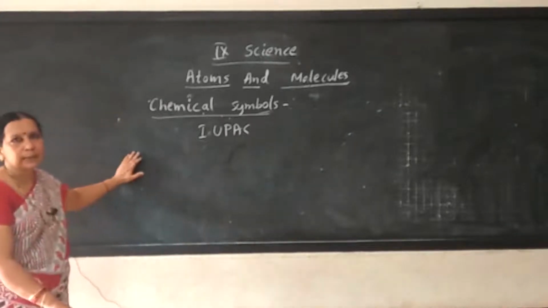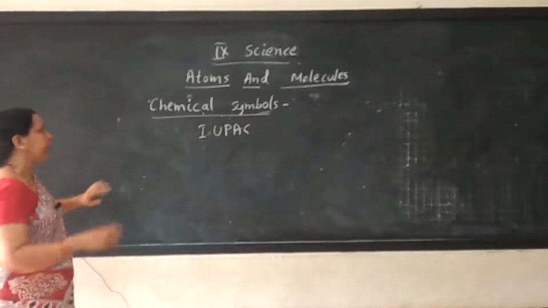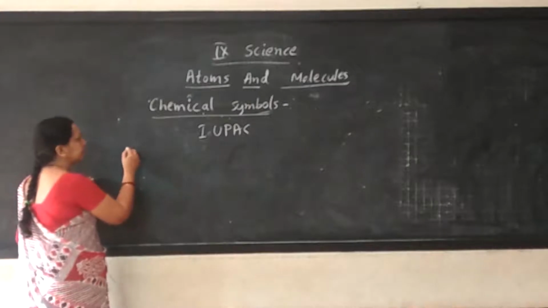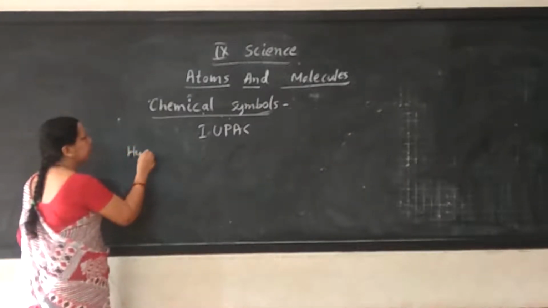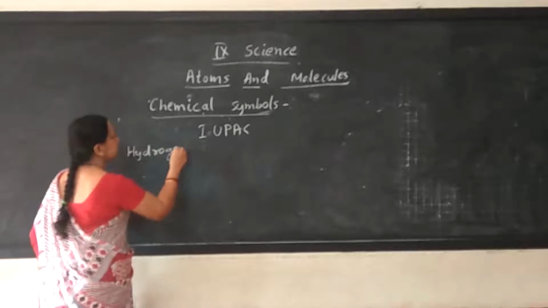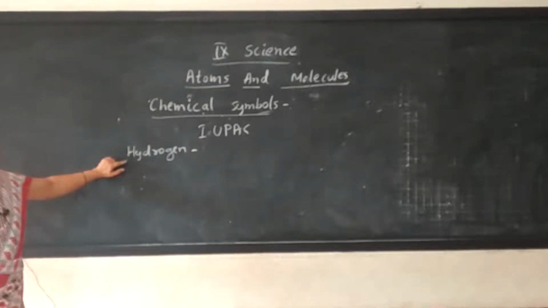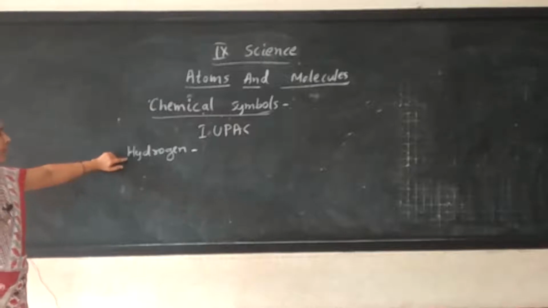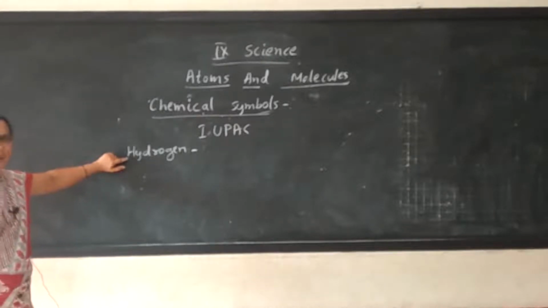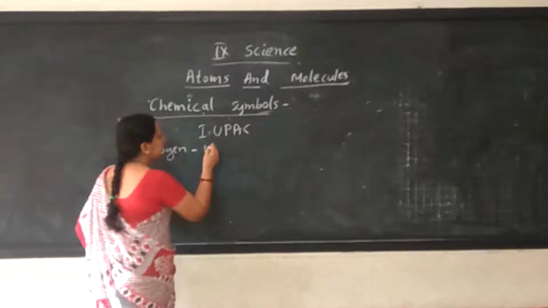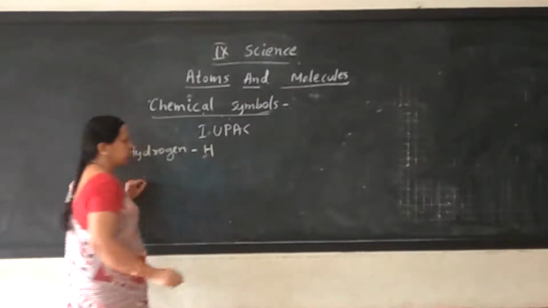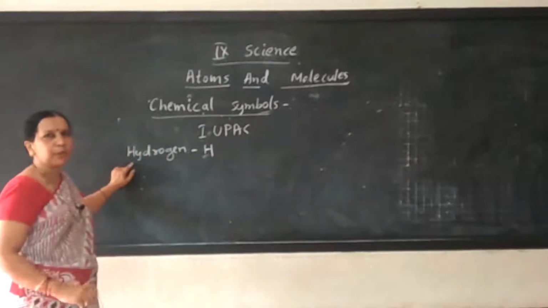Now, how to write the chemical symbols for elements? Let us consider an element, hydrogen. Look at here. Hydrogen is the English name of the element. H is the first letter, which will be written in capital H. So H is the symbol of hydrogen.